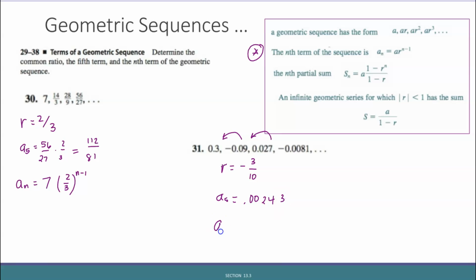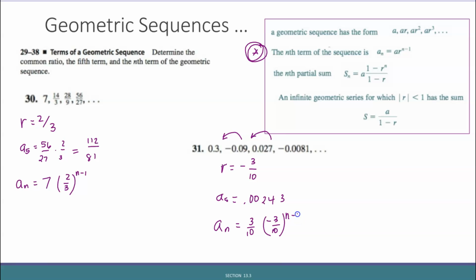Then they want us to find the general term, the nth term, and so we go back up to our nth term formula. We're going to take the first term, which is 0.3 in this case, and that's going to get multiplied by r, which is negative 3/10, raised to the, since it's a general term, I don't have an n value.